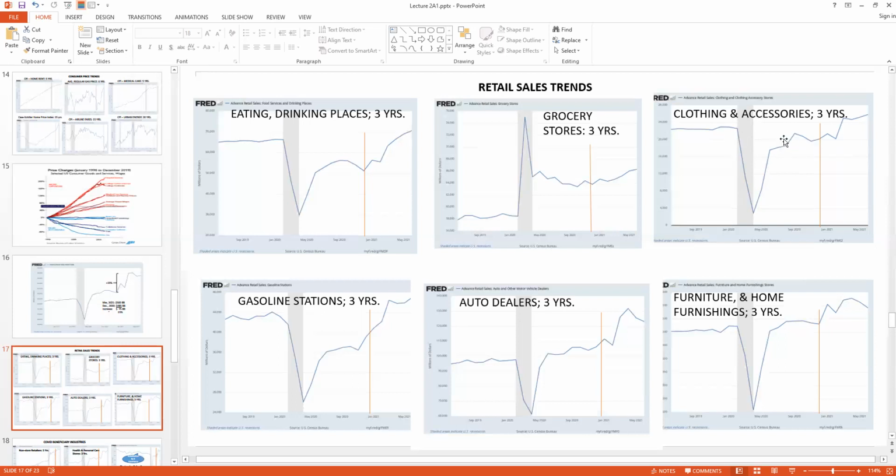Nevertheless, in 2020, this industry took a big setback, just like the eating and drinking industry did. Gasoline stations did too. There wasn't as much need to drive to work, so we had this rather substantial decline. Auto dealers, on the other hand, took a big hit, but then became very aggressive in selling new cars.